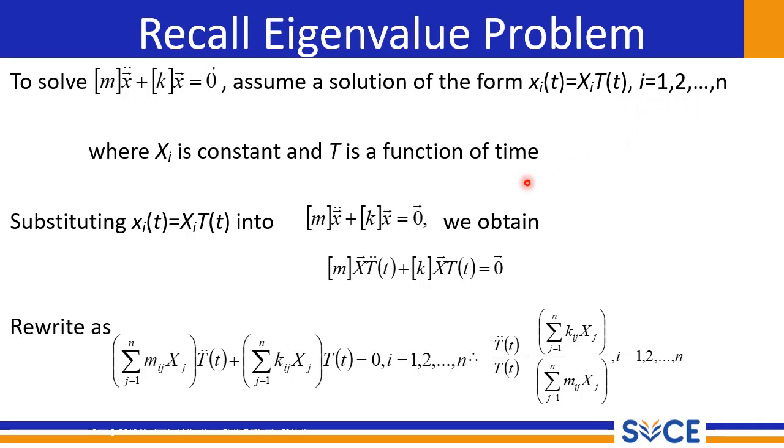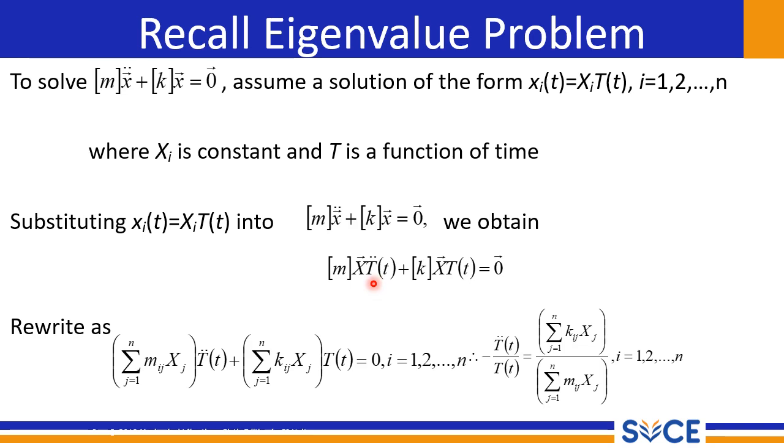Now let's substitute this assumed solution back into our original equation. When we substitute, x double dot will be transformed into X T double dot of t, since the constant vector X doesn't depend on time, we can pull it out of the second derivative with respect to time.